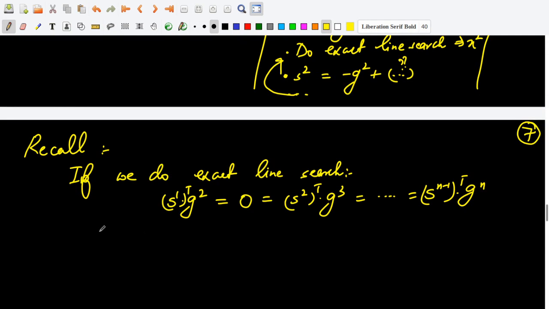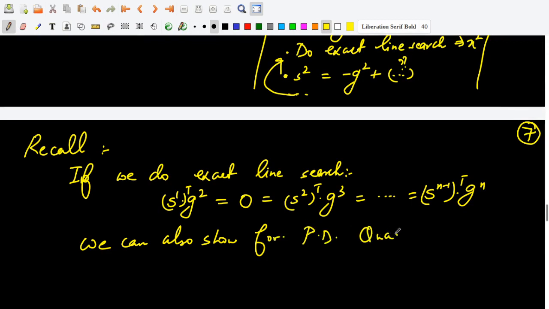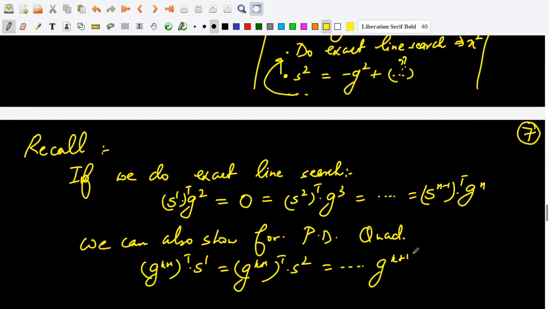So we can also show for the positive definite quadratic case that g(k plus 1) transpose S1 is equal to g(k plus 1) transpose S2 is equal to so on and so forth up to k, they are all 0.